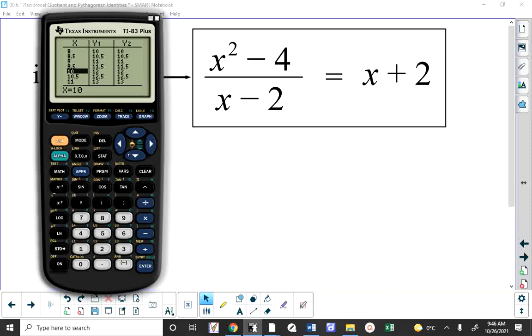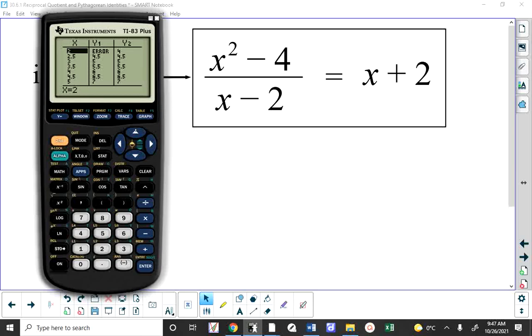Okay? Now, if you scroll up, and it doesn't matter if you're in this window setting or not, you will get to x equals 2. And the left side is error, which means it's not defined, which you should know from last year. You can't put 2 in here because then you're dividing by 0.